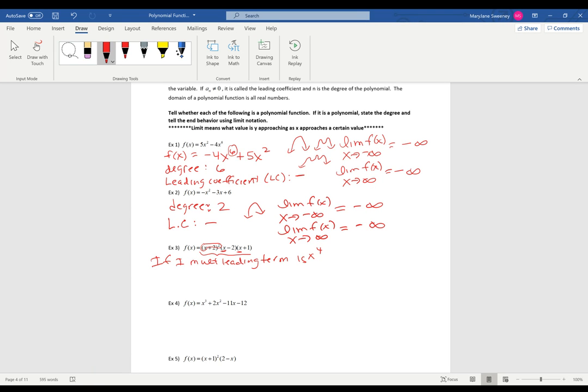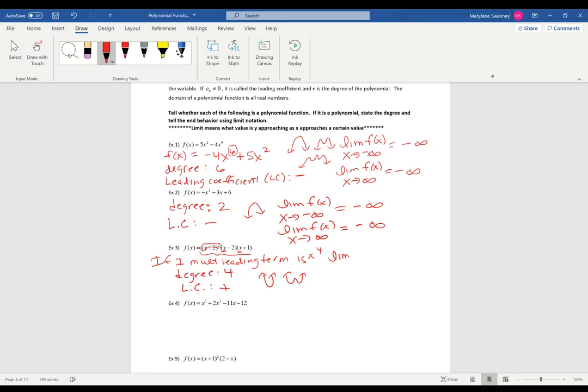So that would be an x to the 4th. So the degree is 4. The leading coefficient here is positive. So what does that mean? That means the ends are up. Could be more wiggly in the middle, but still the ends are up.